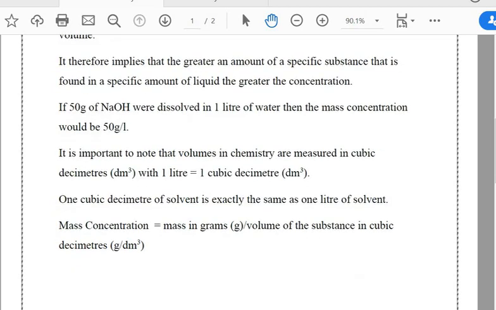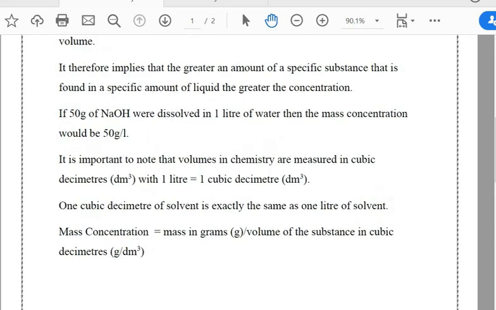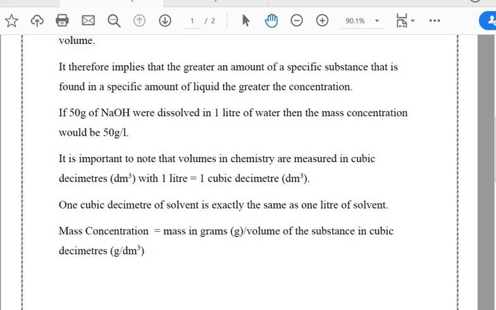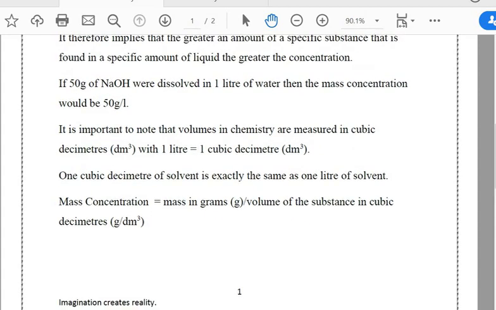So if we had 50 grams of sodium hydroxide dissolved in 1 liter of water, imagine a container with 1 liter of water, and we put in it 50 grams of sodium hydroxide. These 50 grams are going to dissolve in the water. And we're going to say the mass concentration is 50 grams per every liter. I just gave this one as a simple one.